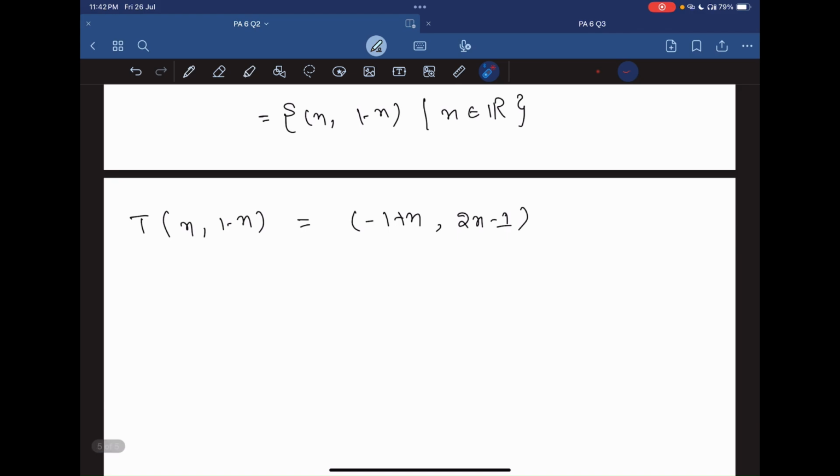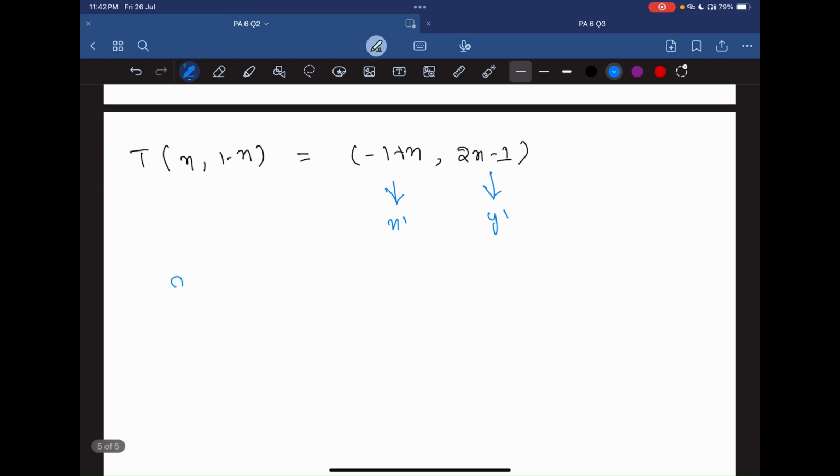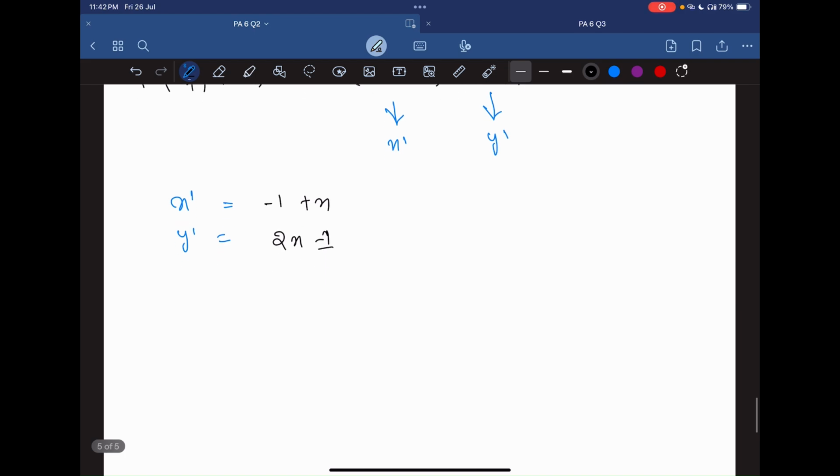So again, we will consider this as x dash and y dash. So x dash is equal to minus 1 plus x, and y dash is equal to 2x minus 1. Now, if we take 2 times of this, that is 2x dash, this would be equal to minus 2 plus 2x.